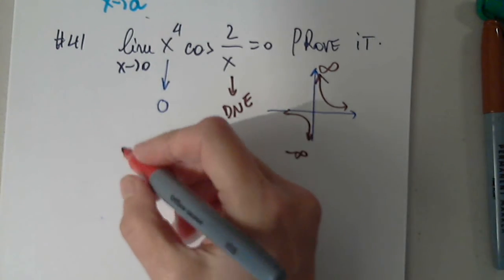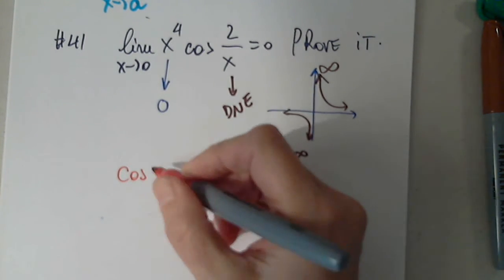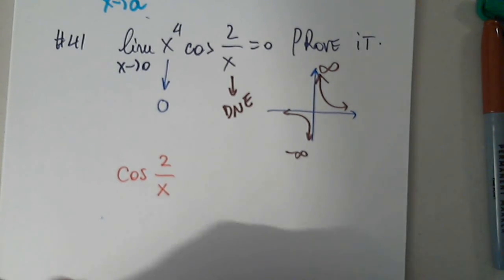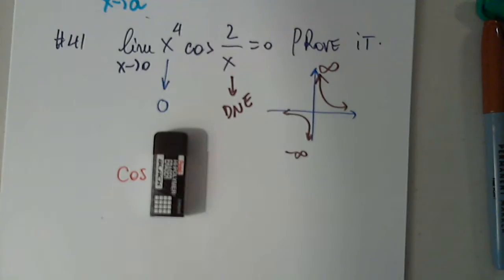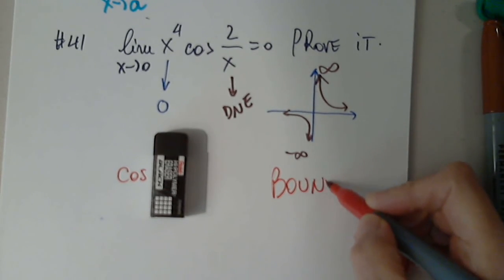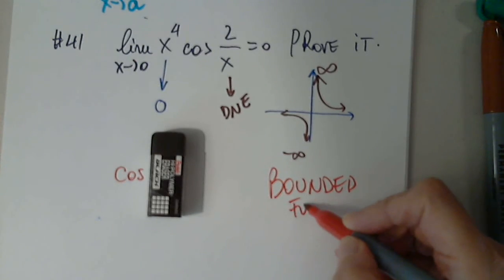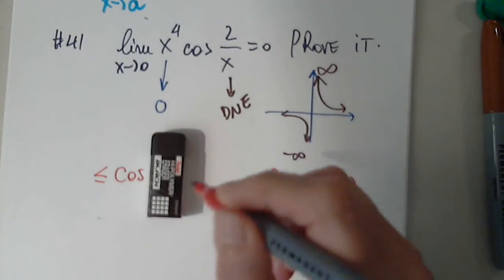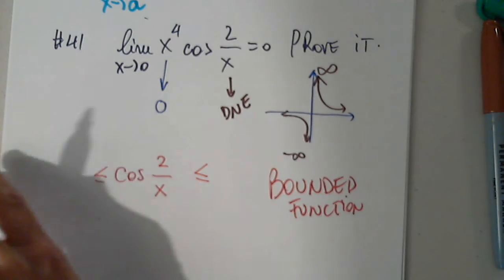And at some point in time, 2 weeks ago, we talked about cosine. So cosine of whatever. What do we know about this function? We know that the function is bounded. Bounded below by and above by.